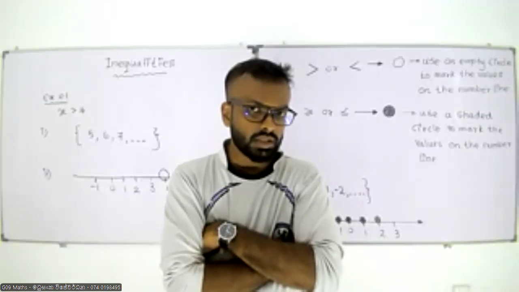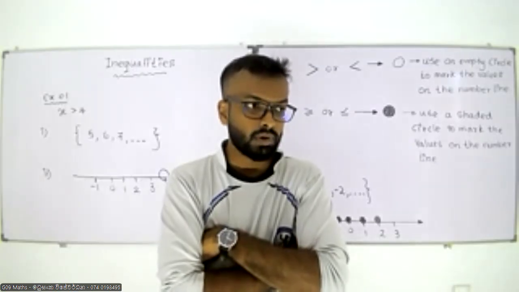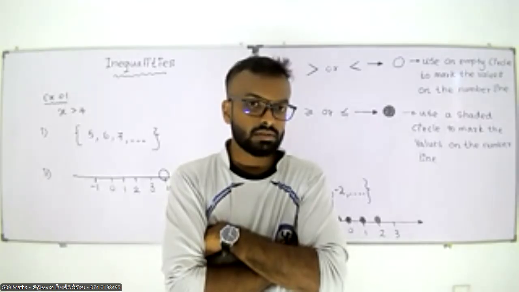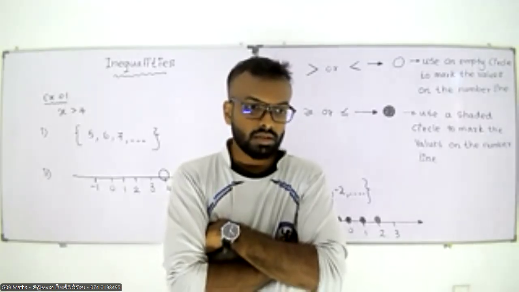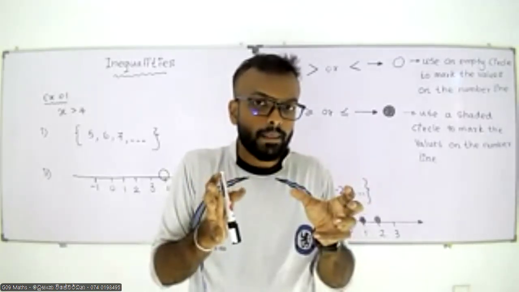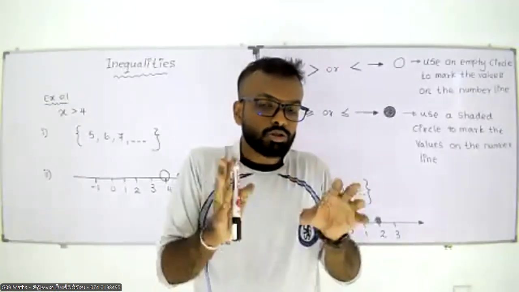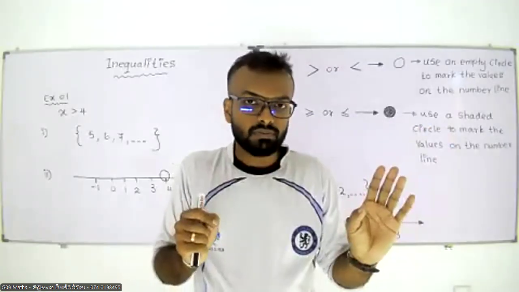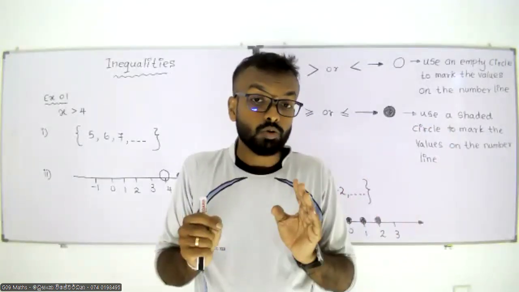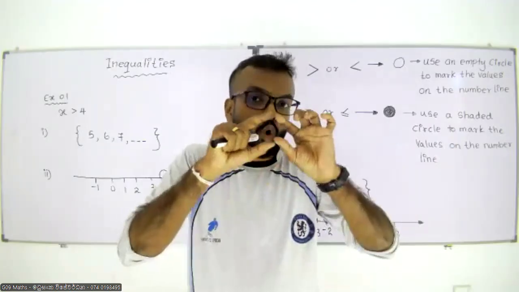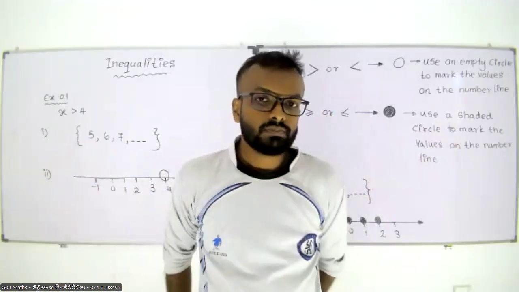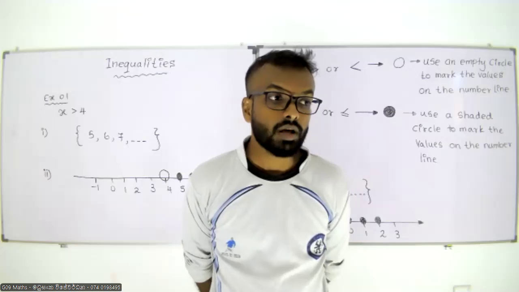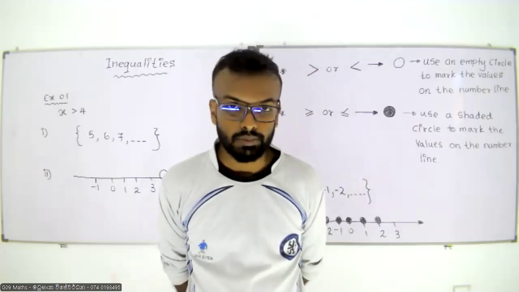They are asking to represent the solution set. That means they are not specifying that the solution set is integers. They are asking you to highlight all the possible values on a number line for this inequality.